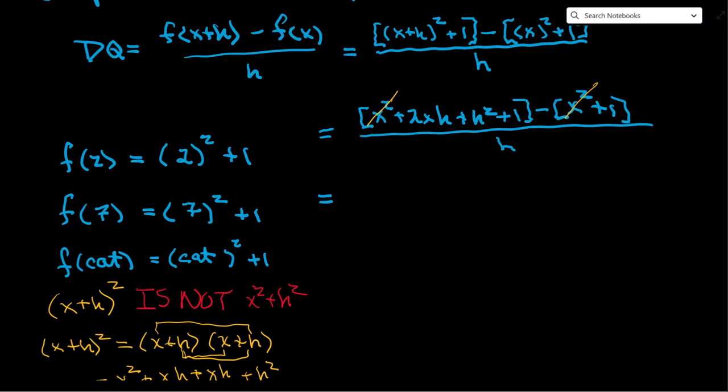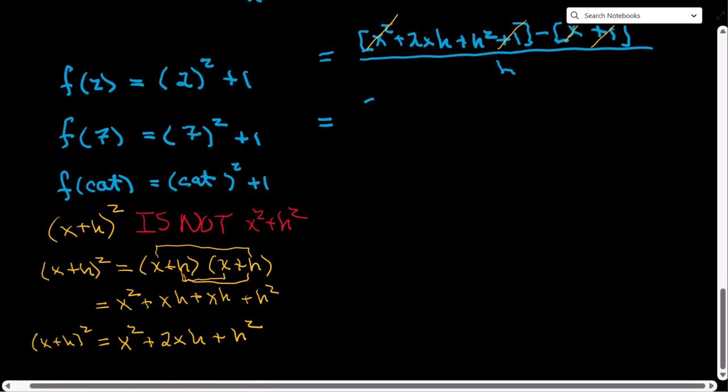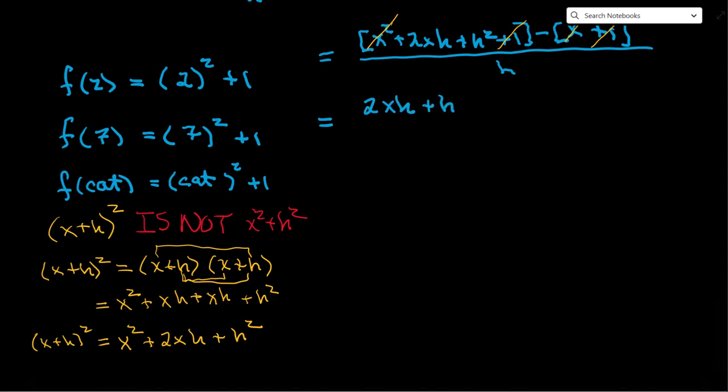Notice that we also have a plus 1 here and a plus 1 there. When we subtract those, the plus 1s cancel out. This will leave us with 2xh plus h squared in the numerator. In the denominator, we have h.